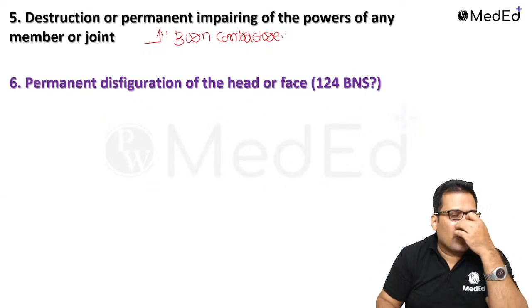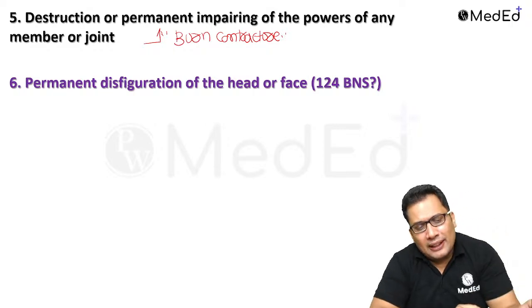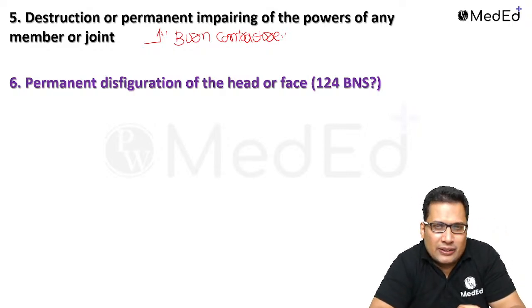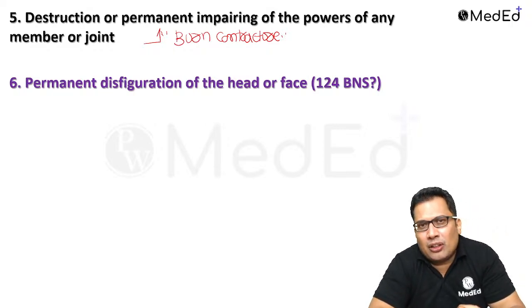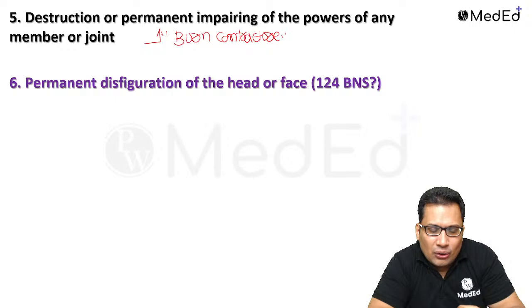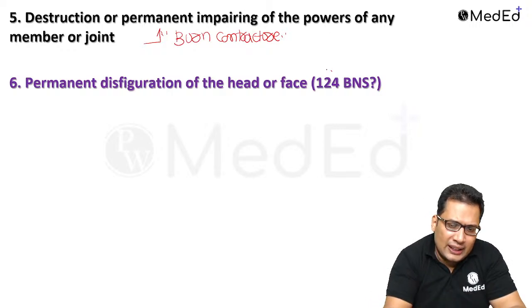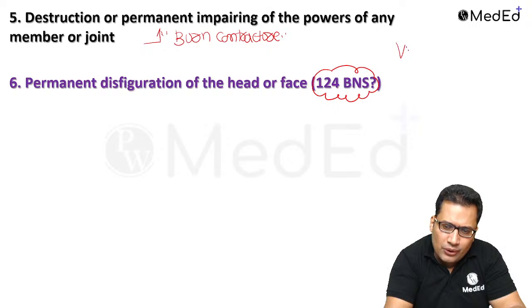The 6th clause, permanent disfiguration of head or face, either due to burn injury or due to acid attack. Now acid attack is included in 124 BNS.